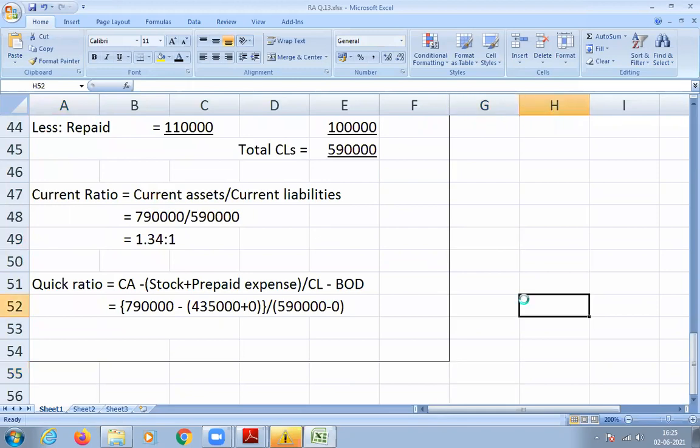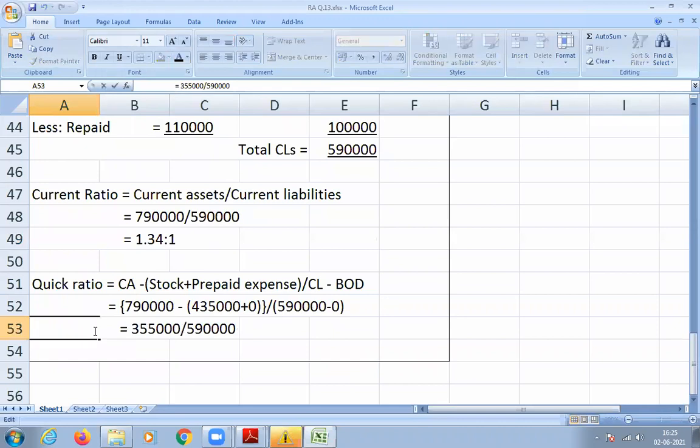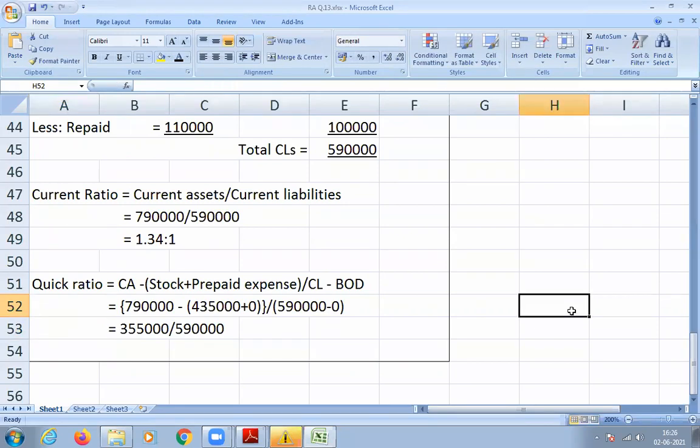BOD is not given, so we get 0. Numerator 3,55,000, denominator 5,90,000. We got 0.60 is to 1.